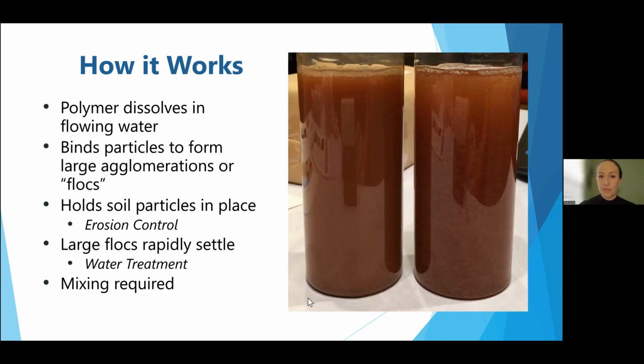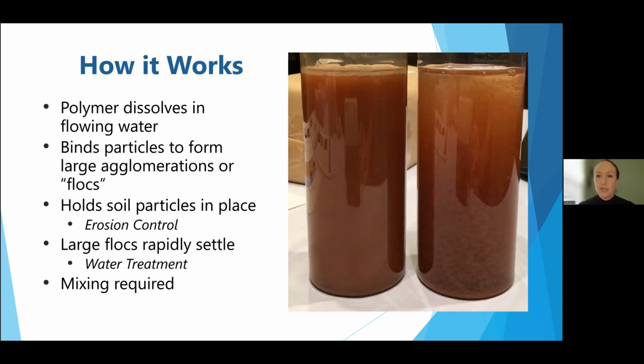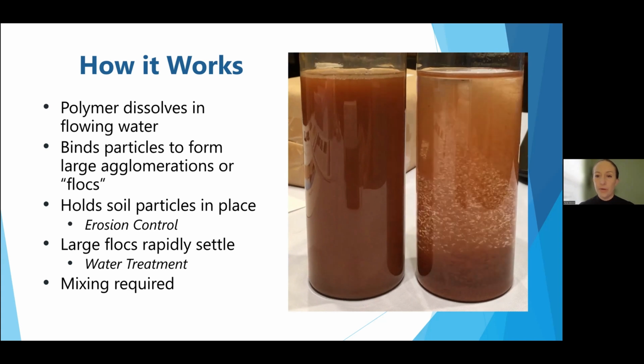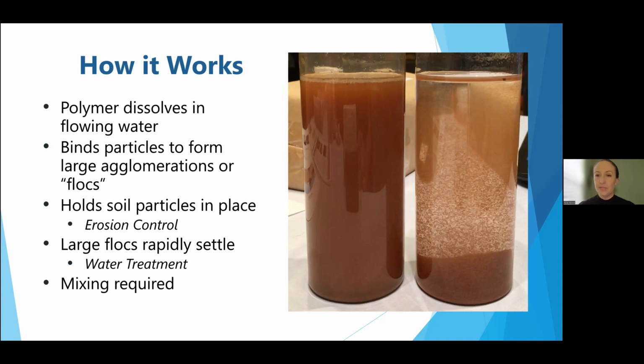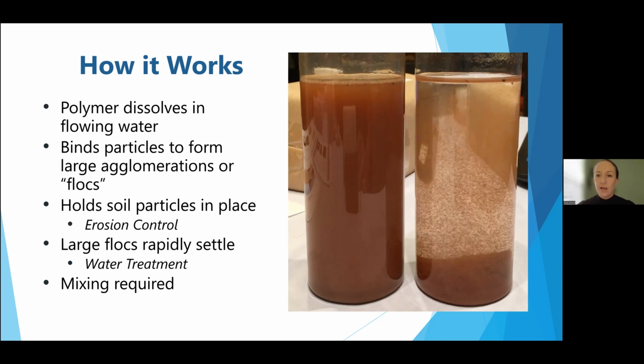And I'll just show a quick picture here. I like to say it's all about the agglomeration, but basically, in flowing, moving water, it's a two-step process. Once the water flows over and around the granular or the log, the polymer will first dissolve and unwind, and then with more water movement, there's a snowball effect where the polymer binds to those sediments, continues contacting more and more sediments, forming these larger flocks or particles that can then rapidly settle.